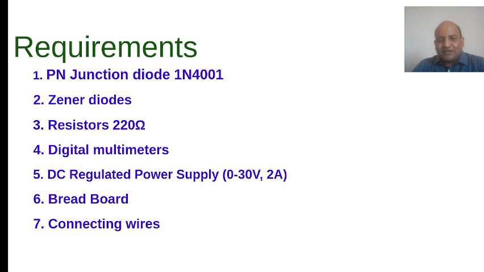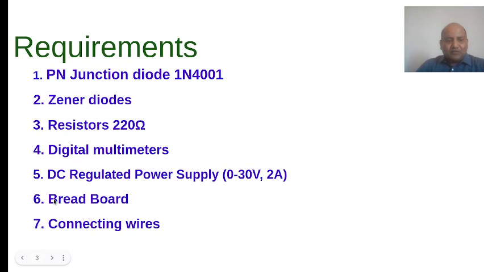You can generate your own regulated power supply. We have given that in the project based lab also. Here you can see the DC regulated power supply available in our lab, and we are using 0 to 30 volt, which can supply a maximum current of 2 milliampere.